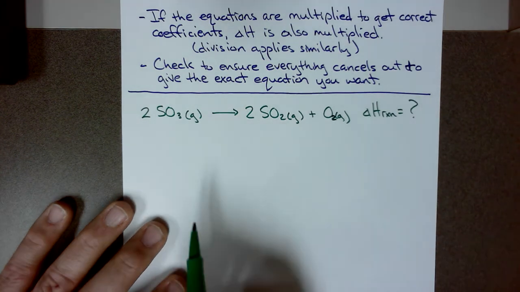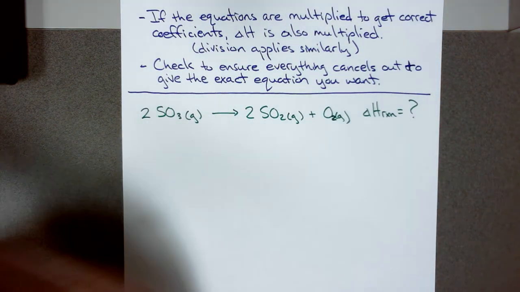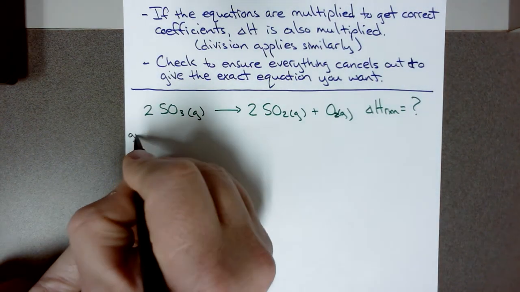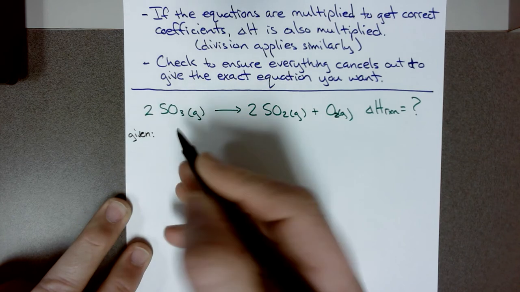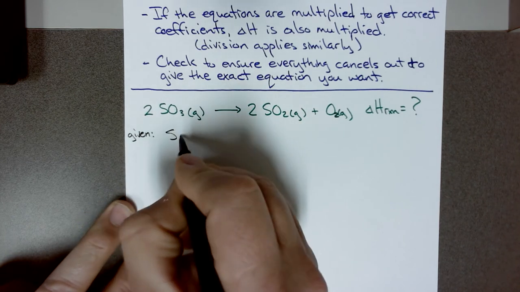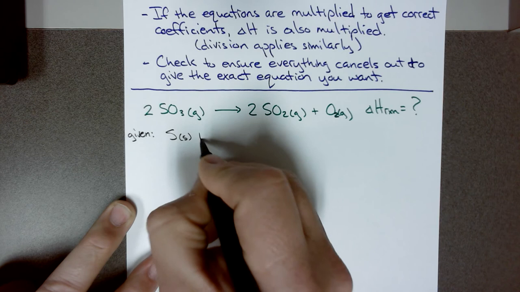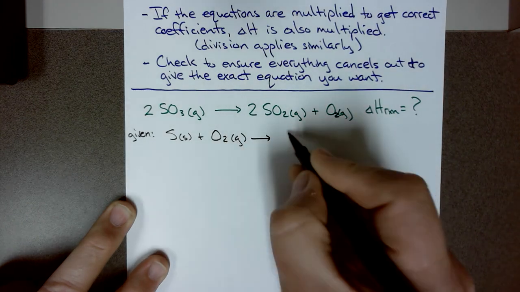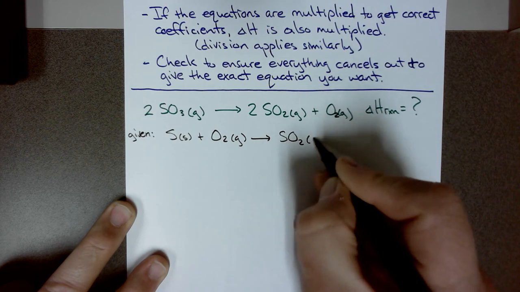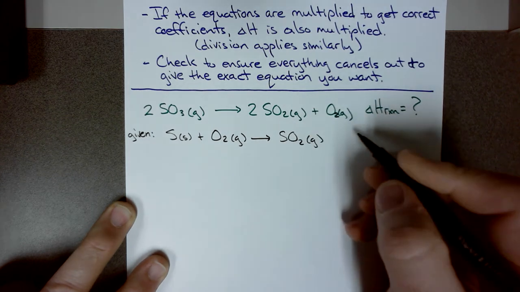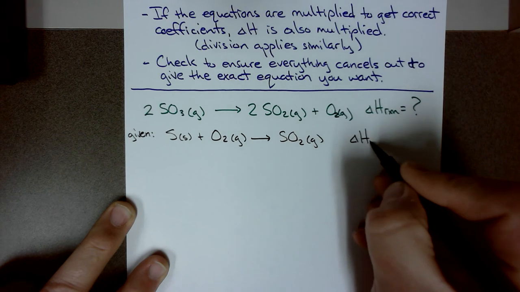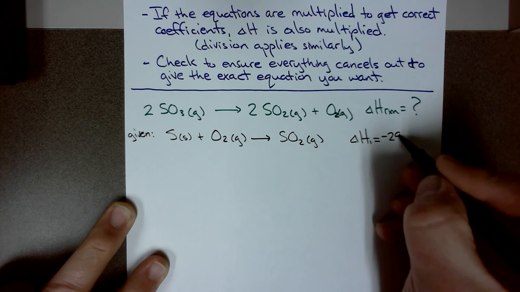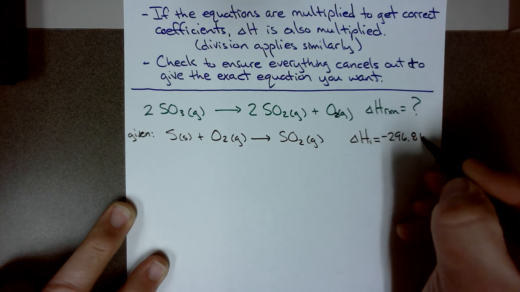Okay, so we're going to have a given. So this is what we're looking for. We are given sulfur solid plus O2 gas goes to sulfur dioxide gas, and it has a delta H value, and we'll call it reaction 1, delta H value of negative 296.8 kilojoules.